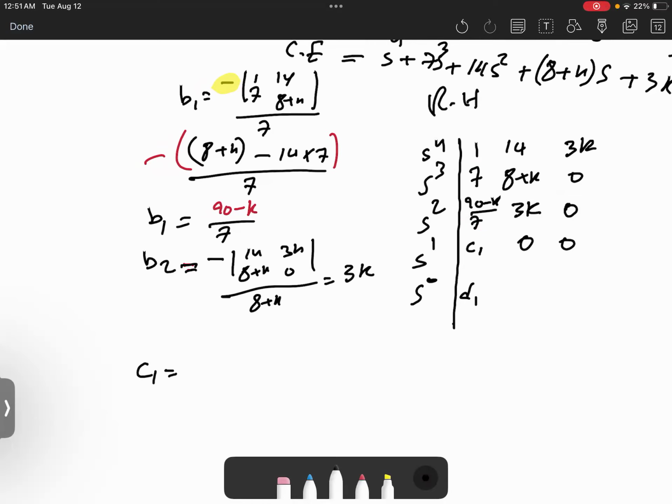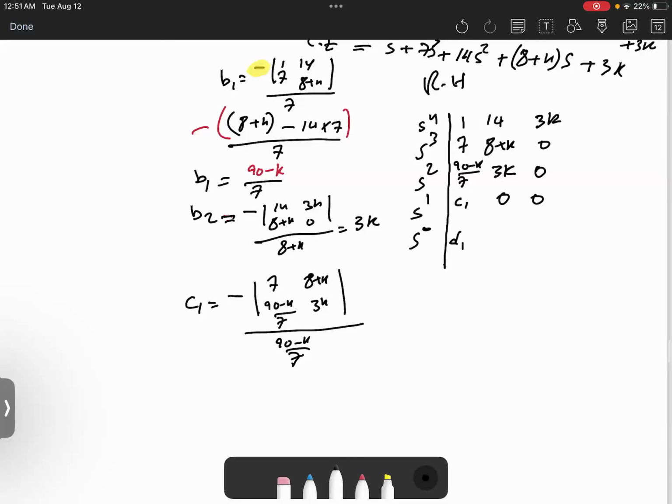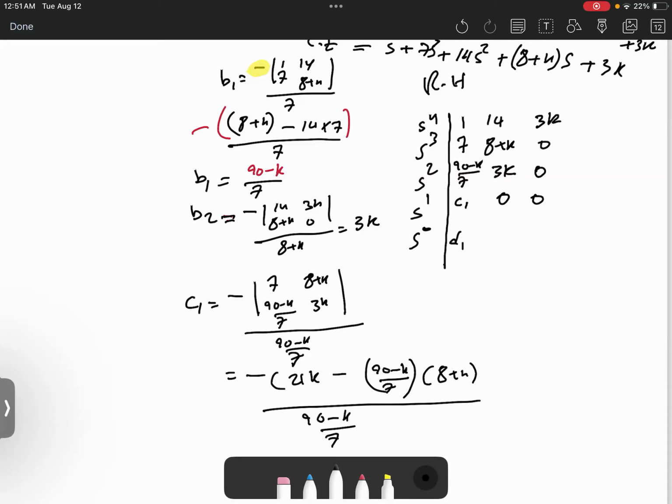So it will be negative the determinant of 7, 8 plus k, 90 minus k divided by 7, 3k, all of them divided by 90 minus k divided by 7. So let's substitute them. This yields negative 7 times 3, which is 21k, minus 90 minus k divided by 7 times 8 plus k, all of it divided by 90 minus k divided by 7.